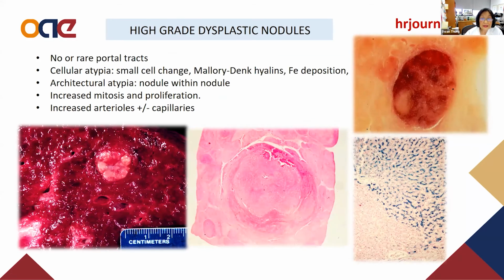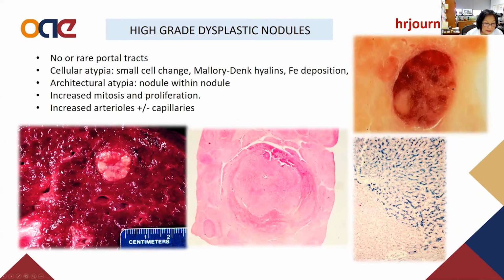This is different than high-grade dysplastic nodule, which is considered pre-neoplastic. Actually, once a biopsy diagnoses high-grade dysplastic nodule, the lesion will, if possible, be ablated without really looking for clear-cut malignant transformation. This is an example of a high-grade dysplastic nodule.